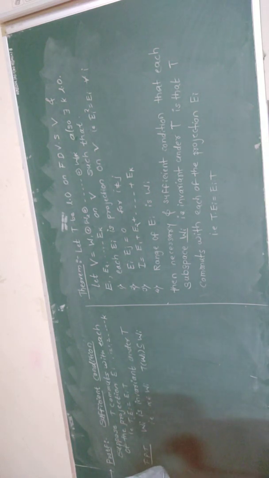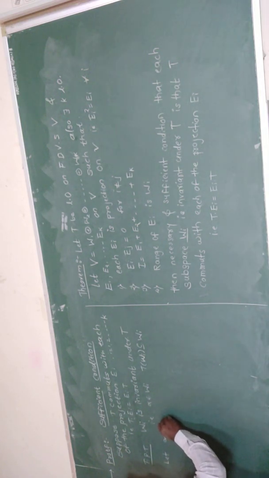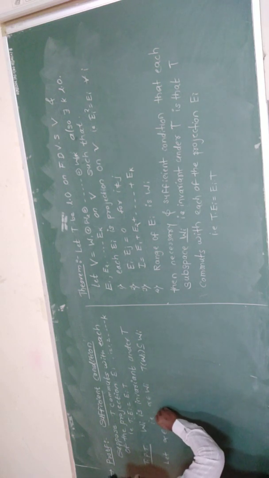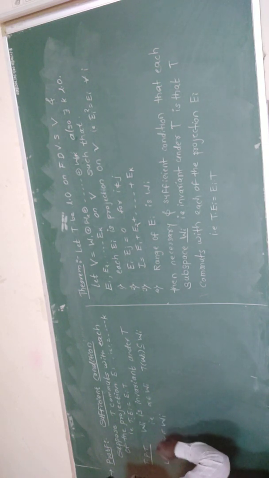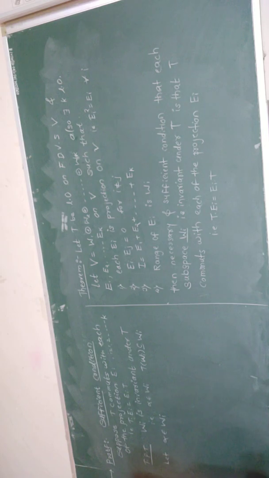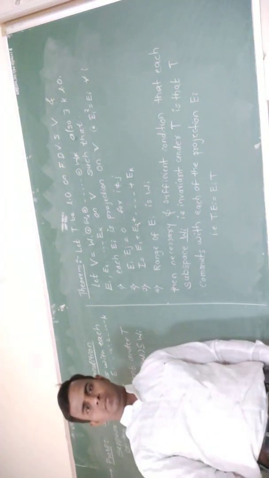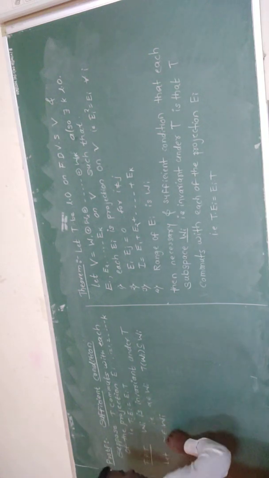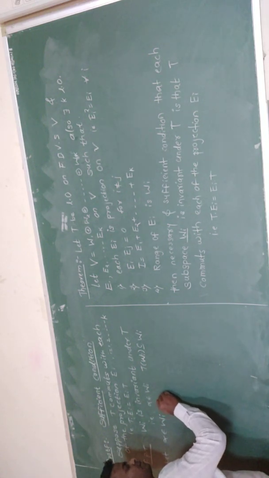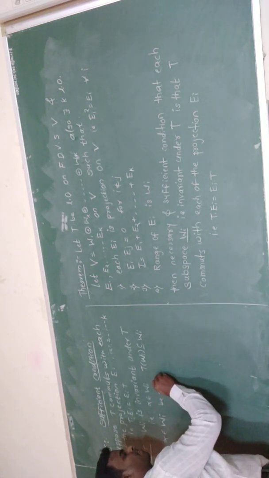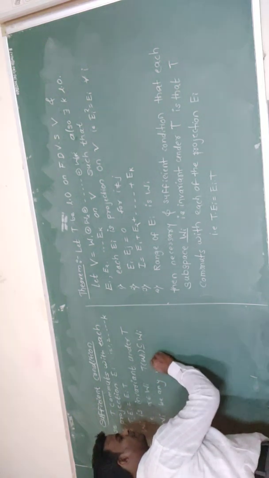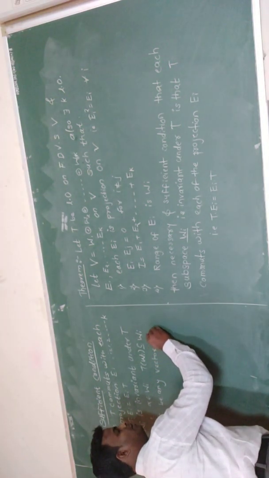For this, first let alpha belong to Wi, be any vector in Wi.